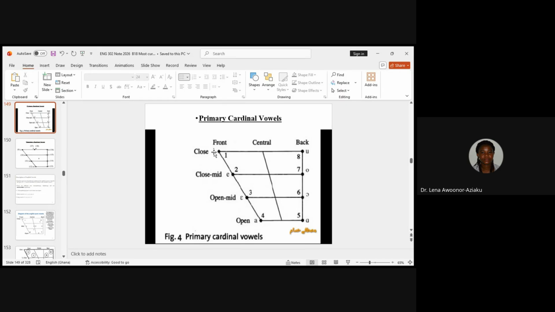If you raise your tongue to the highest position that you can make a vowel without obstructing the flow of air, you are making an E vowel. But you can also raise the back to the highest position to make oo. But anything beyond this, you are entering into a consonant.